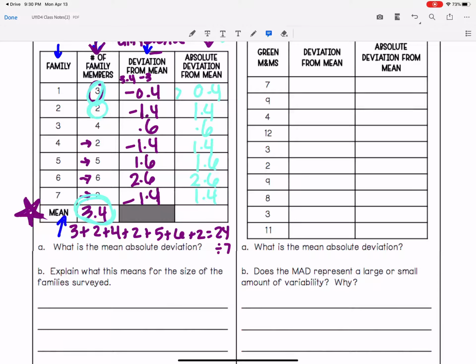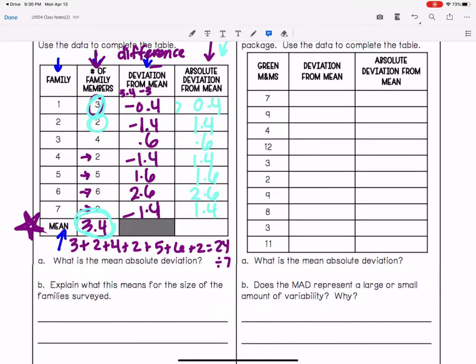Well, we just added 7. So I just did all that. I added it together and divided my answer by 7. And I just barely got 1.3. So the mean absolute deviation is 1.3. And a mean absolute deviation close to 0 means that the data values are close to the average. 1.3 is what we got.